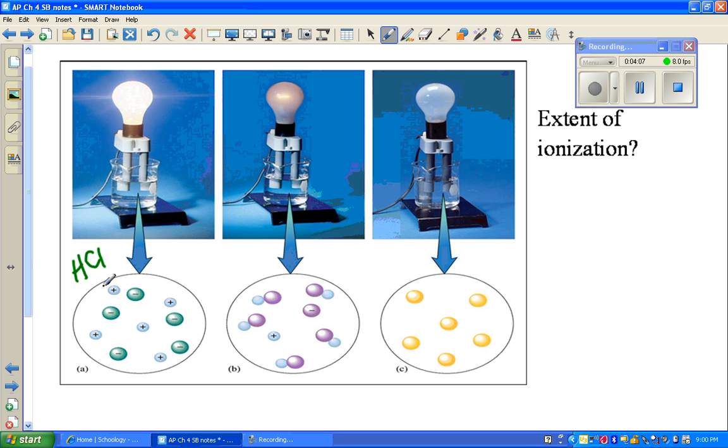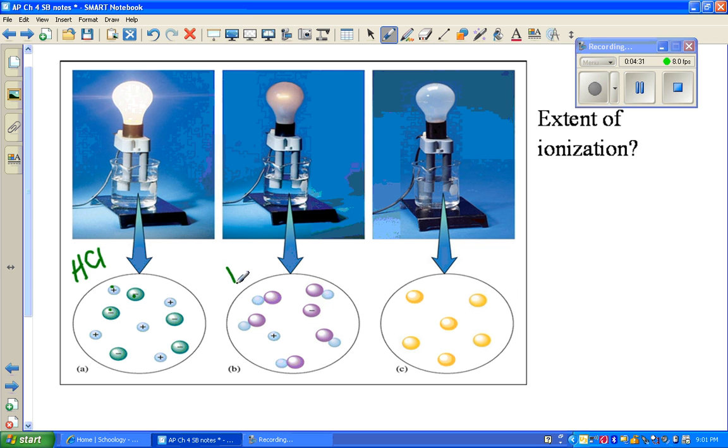I shouldn't say all acids, I'm going to say strong acids, because the next one I'm going to use is vinegar, which you guys know is a weak acid. And so with HCl, you can see that it completely ionizes. I don't have any molecules that are stuck together. It completely ionizes, and so it's a very, very strong electrolyte. There's a lot of charges here, so it has an ability to carry a current.